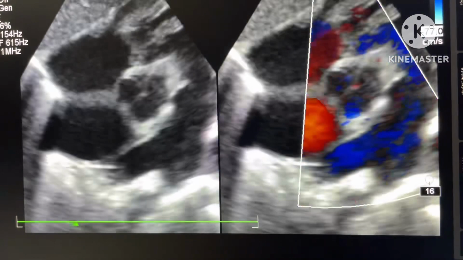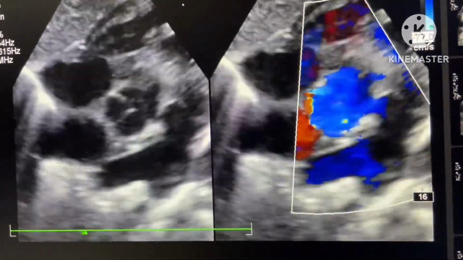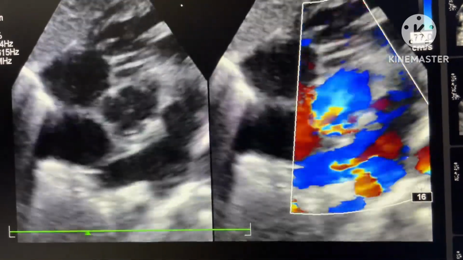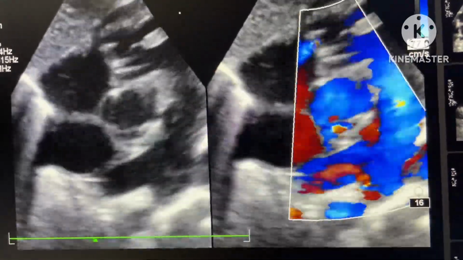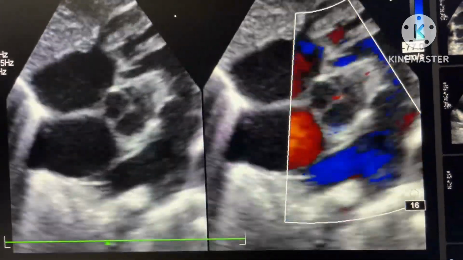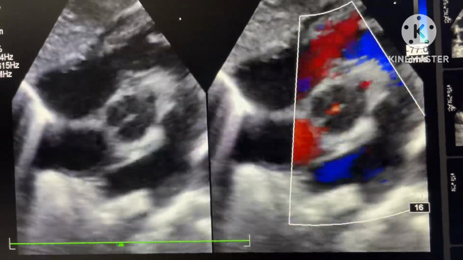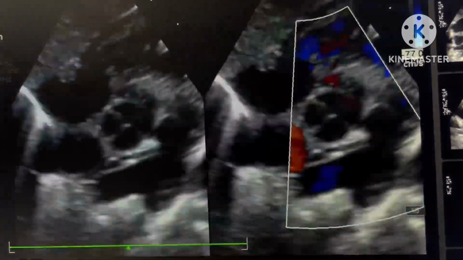So whenever the pressure on right and left is equal, you have to be very cautious regarding defect, because defect will not have any flow. So on color Doppler you will not find any flow. Then you will miss it if you don't properly focus on 2D image.